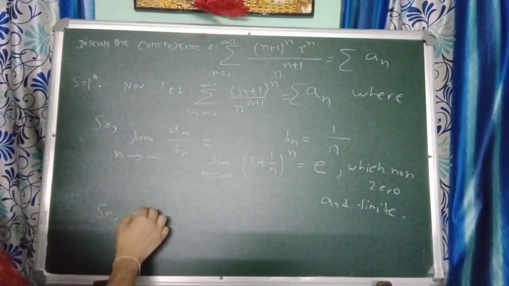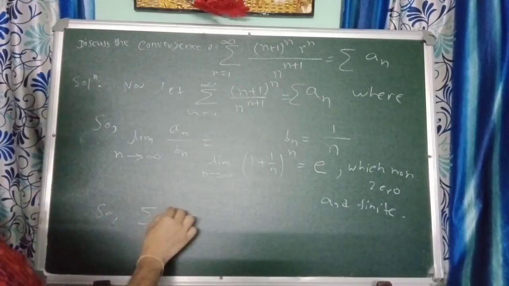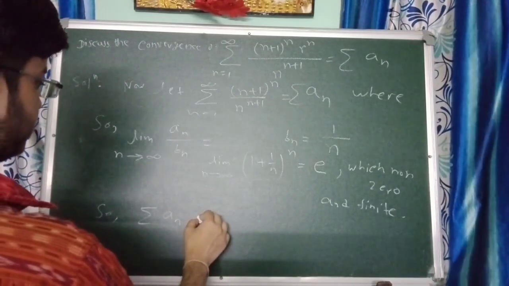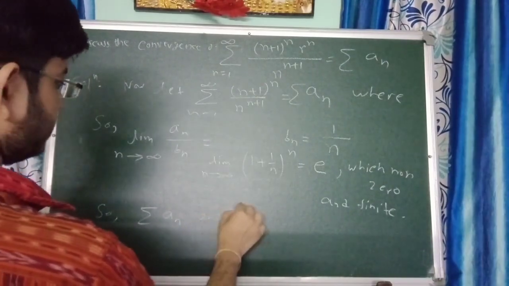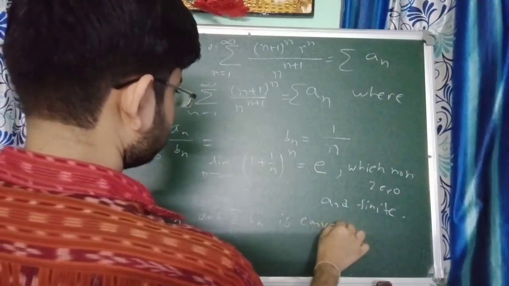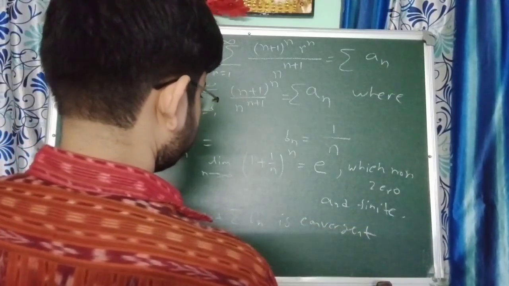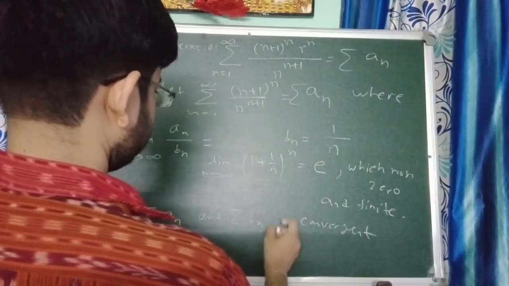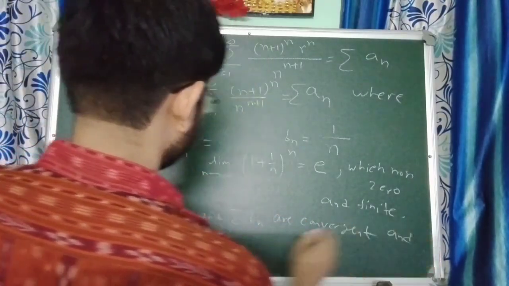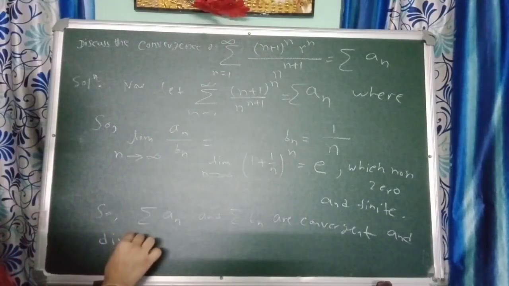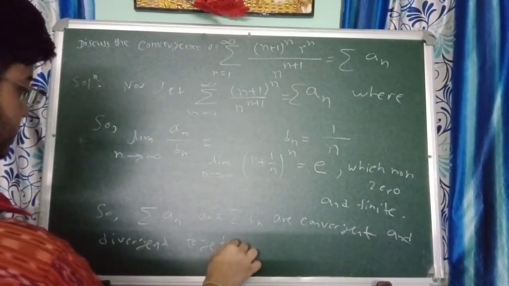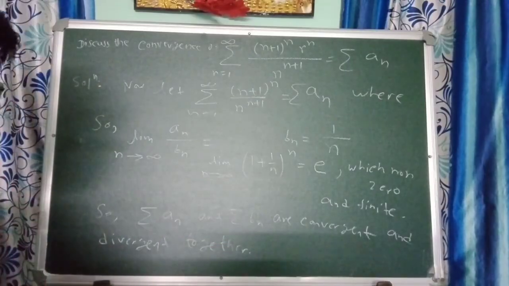So the series summation an and summation bn are convergent and divergent together.